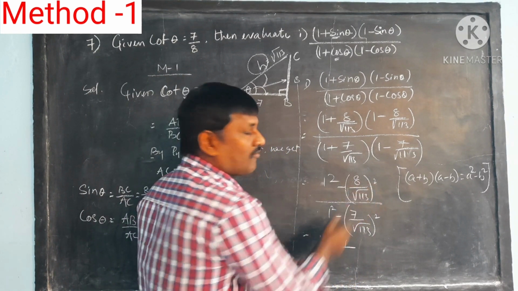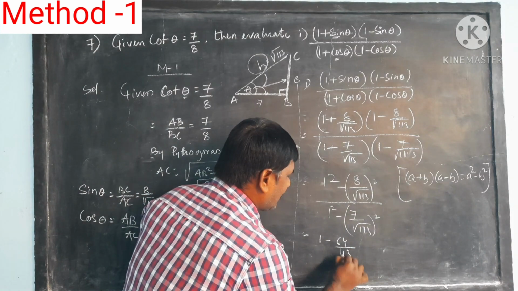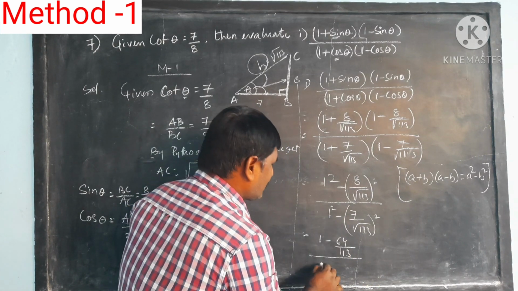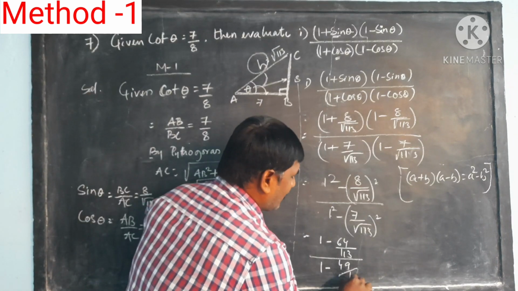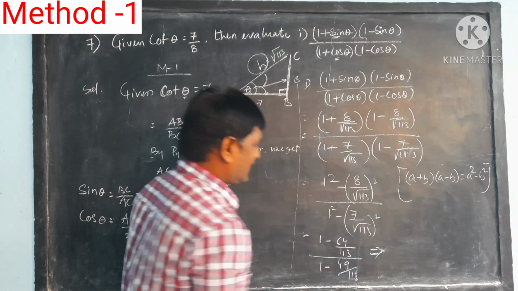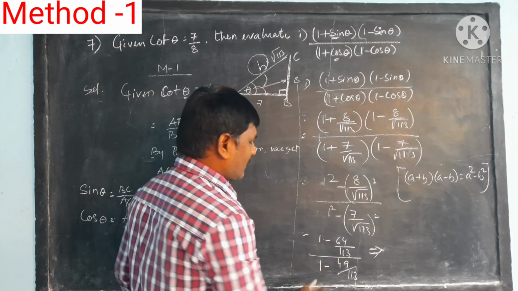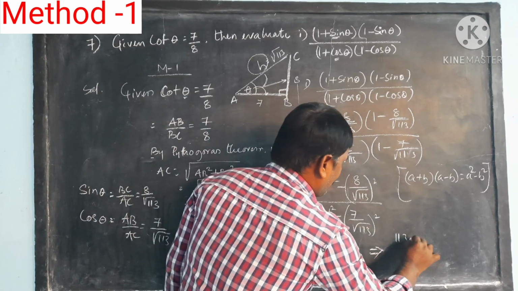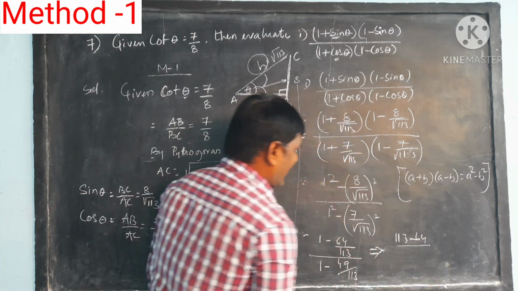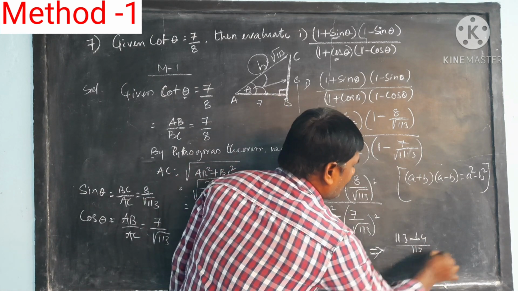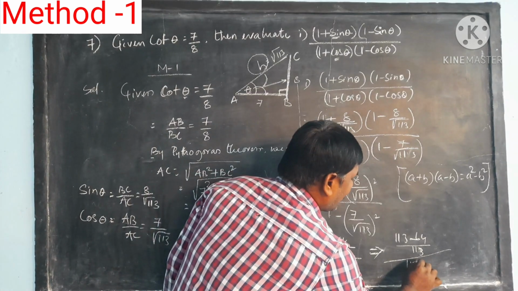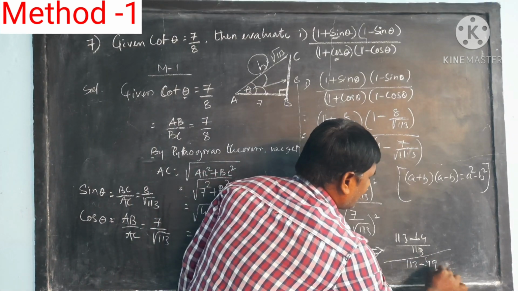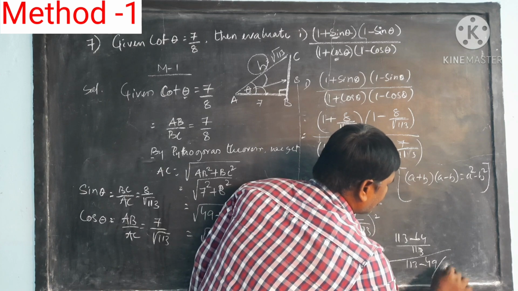Now 8 square is equal to 64, then the square and root will cancel. We will get 1 square, which is 1, minus 64 by 113, and in the denominator 1 minus 49 by 113, since 7 square is 49. Subtracting, the numerator is 113 minus 64 divided by 113, and the denominator is 113 minus 49 divided by 113.